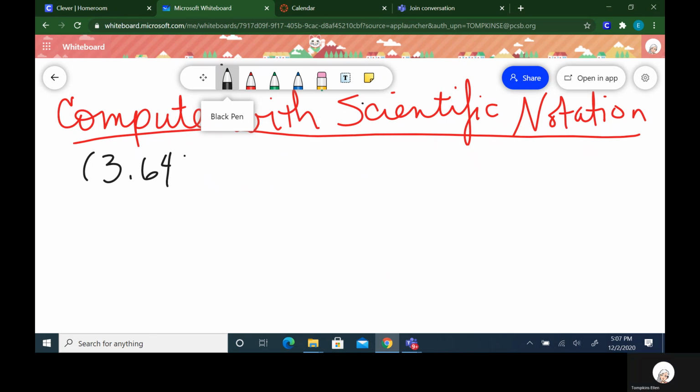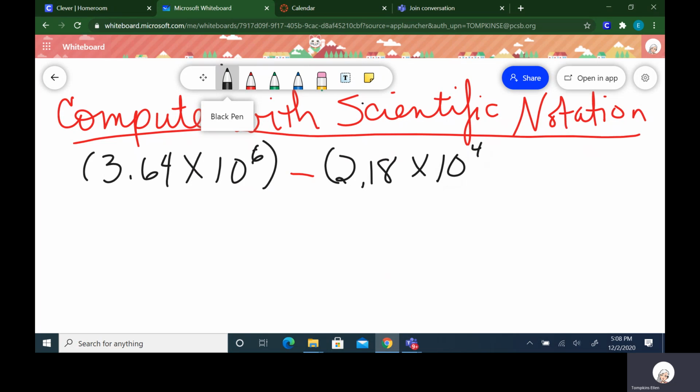So, but we'll look at one. 3.64 times 10 to the 6th minus 2.18 times 10 to the 4th. Now, we're going to go ahead and adjust our smaller exponent to make them match because they'll land closer in scientific notation.